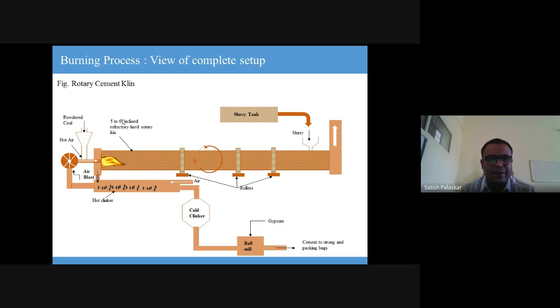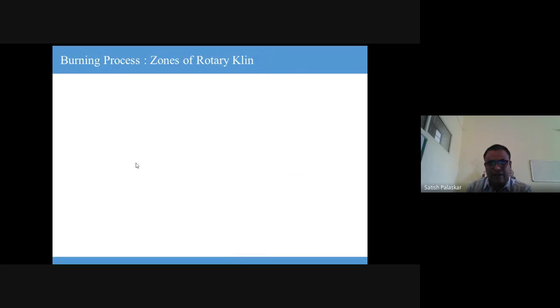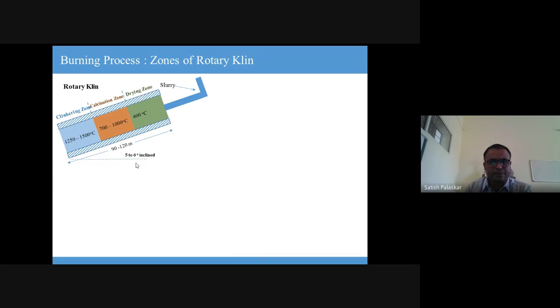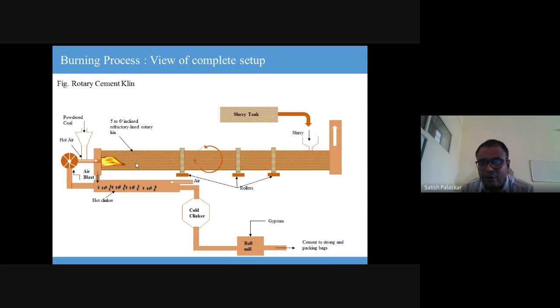Hot air is coming from the other side. The temperature is near about 1500 degrees centigrade. The rotary kiln is divided into 3 parts, which you will see in the next slide. After that, the hot clinkers become cold clinkers and come to the ball mill.